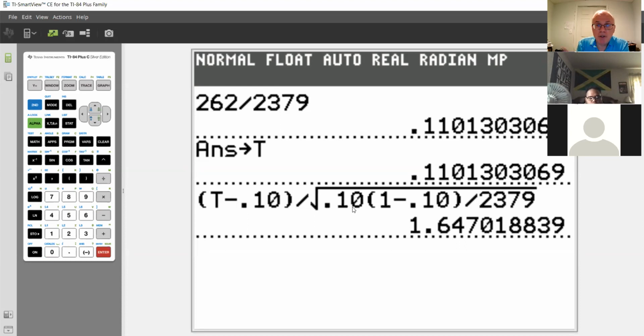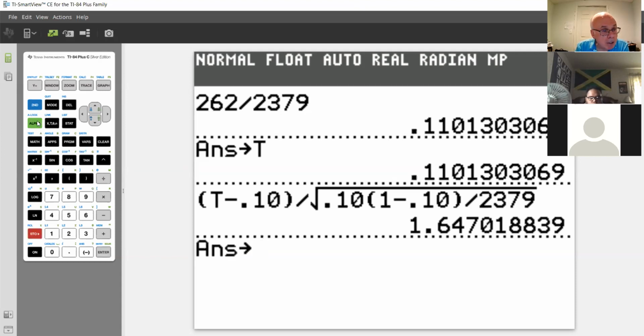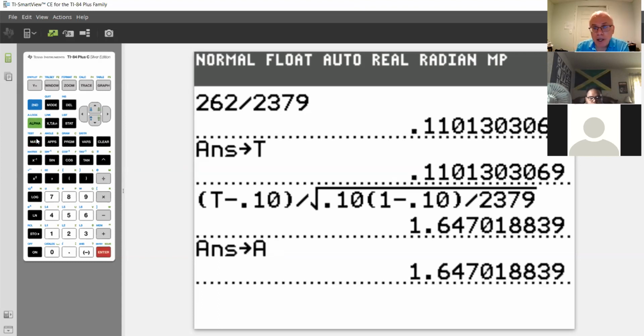Now, you could save it into another variable, another letter if you want. Let's say I want to save it into A, alpha A. So I'm going to hit store, alpha, and A is just above the math button here. You see it, A, hit enter. Now my test statistic is in A. So what do I have now?